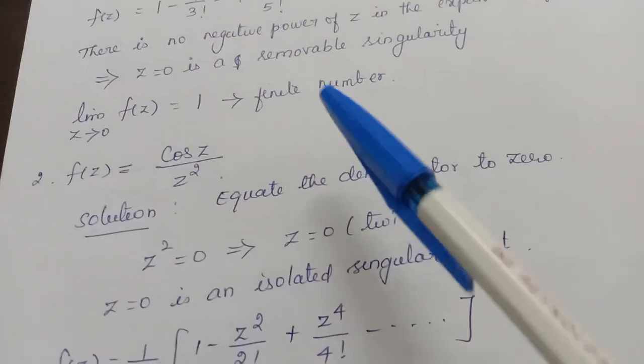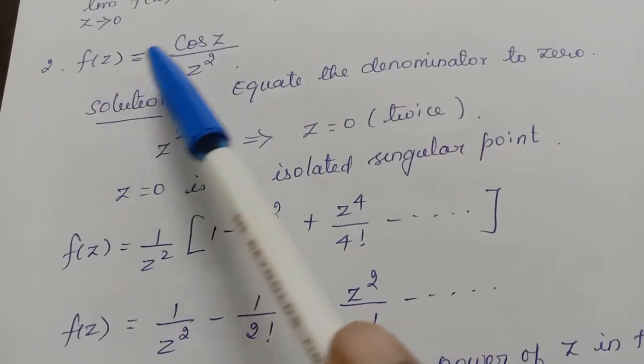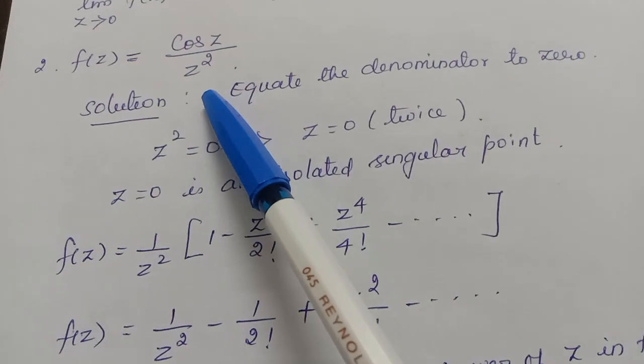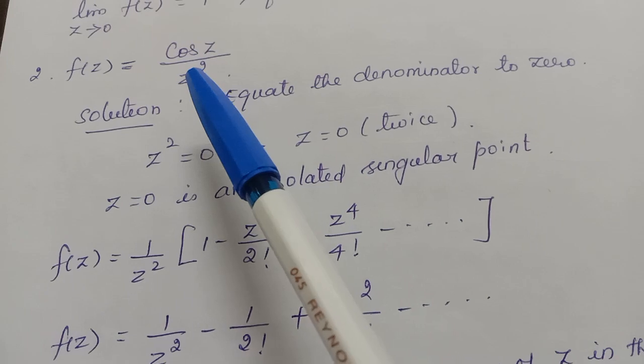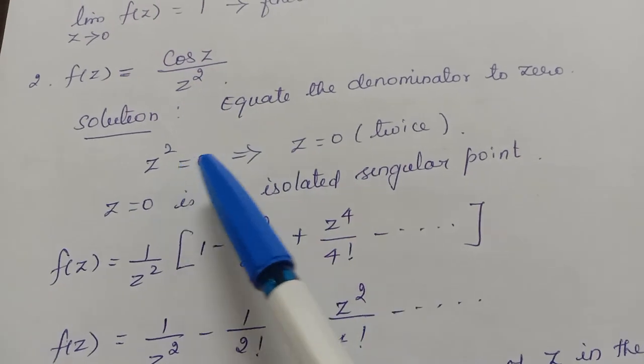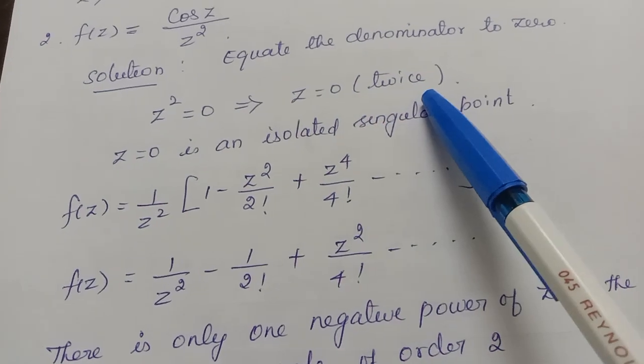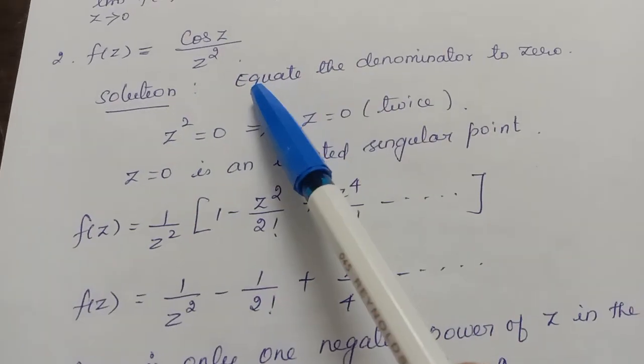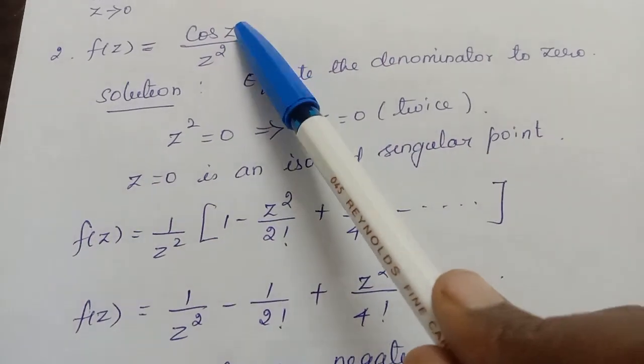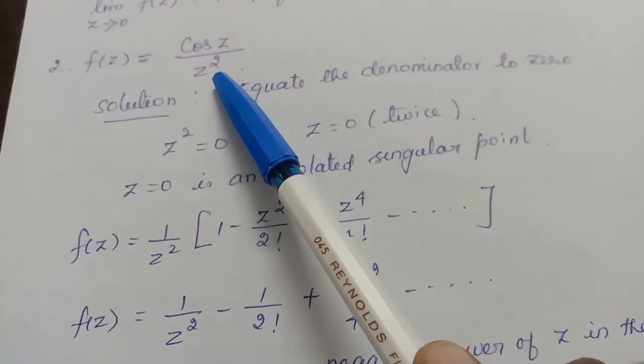Okay, then the next problem: f(z) equal to cos z by z^2. For finding the singular points, equate the denominator to 0. So z^2 equal to 0, that means z equal to 0. No other singular points are there. Again the same reason: the numerator is cos z and the denominator is z^2.